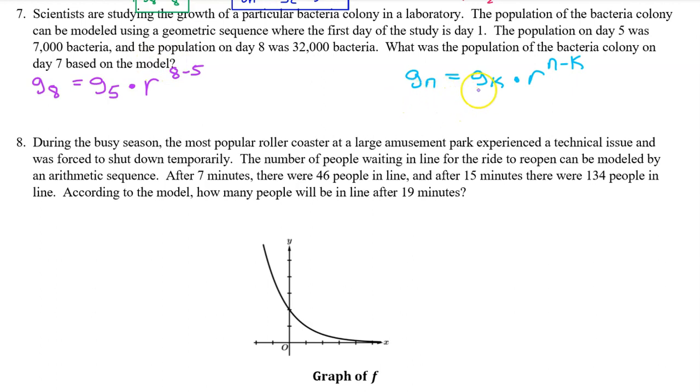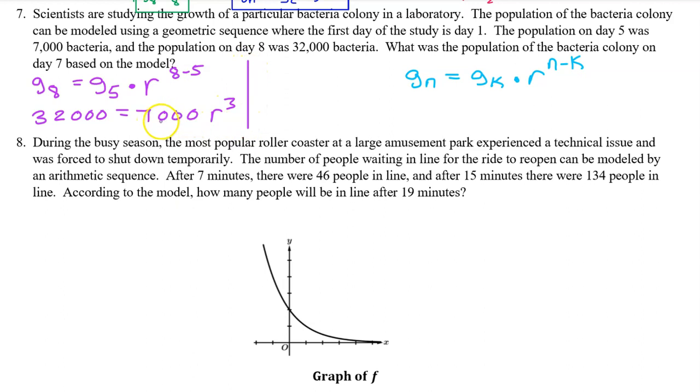Looking at the general model for a geometric sequence, we can see that g8 will equal g5 times the common ratio to the 8 minus 5 power. The population on day 8 was 32,000, so g8 is 32,000. The population on day 5 was 7,000, and that's times r to the 3rd power.